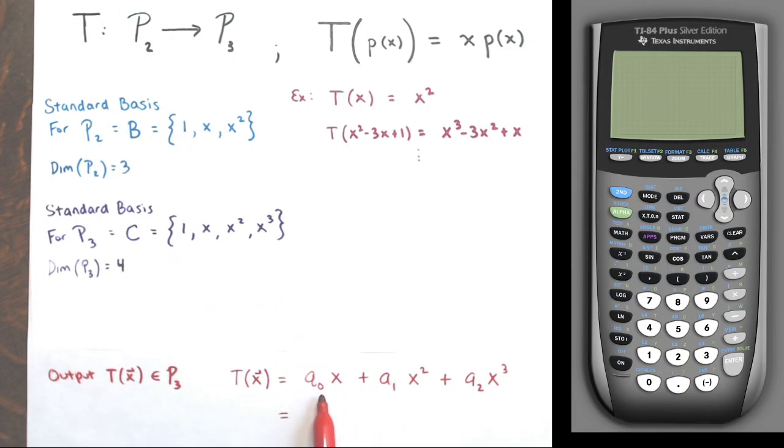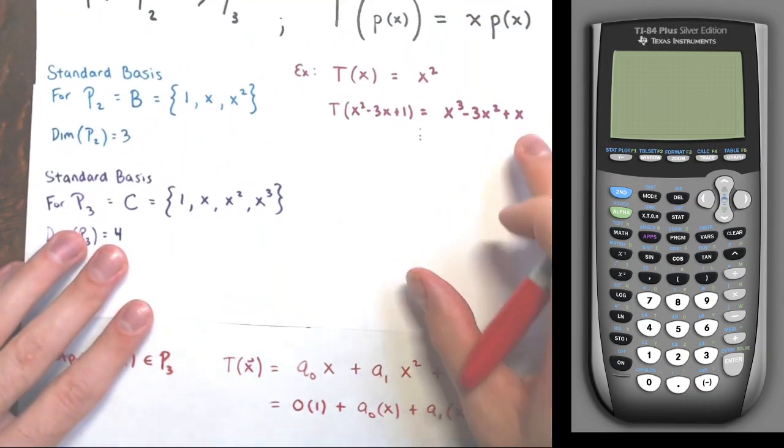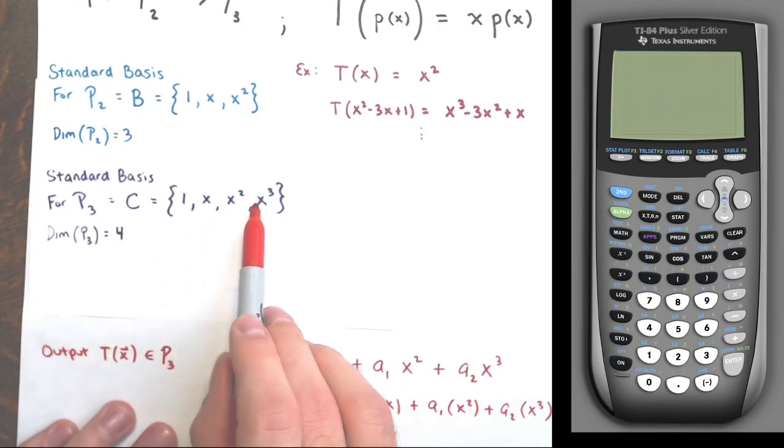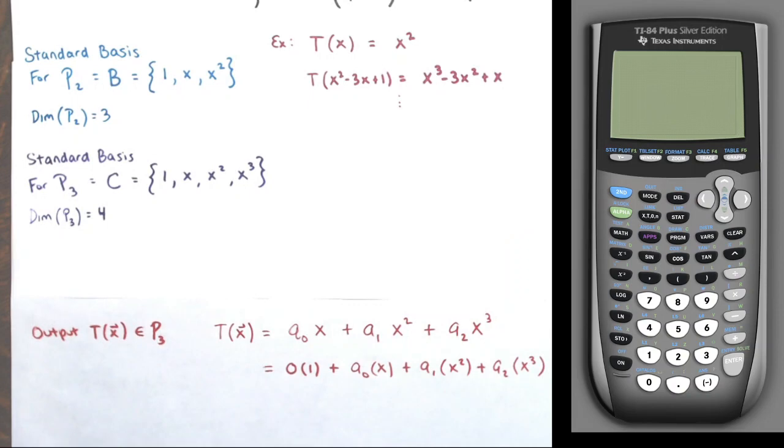Well, you see how there's no constant term, so there's 0 times 1, and then plus the rest of it, a0 times x plus a1 times the vector x squared plus a2 times the vector x cubed. And just as before, the coefficients 0, a0, a1, a2 are the coefficients of these four basis vectors. Those are the coordinates of the output relative to basis C.